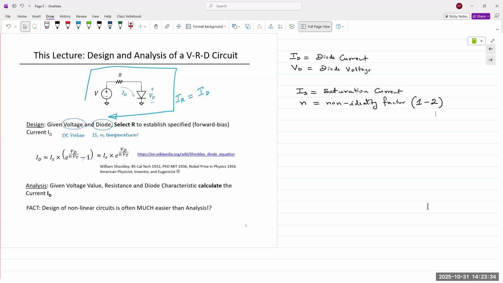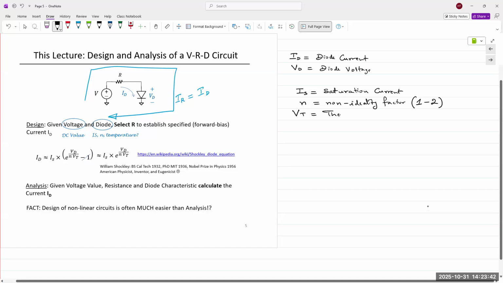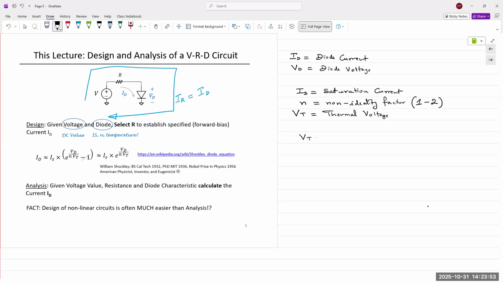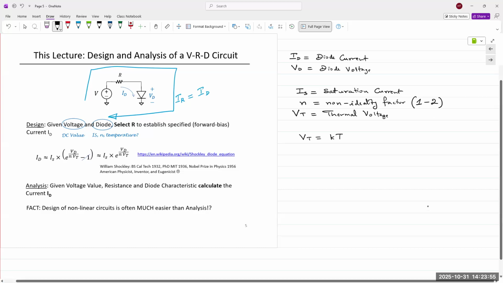All right. And then lastly, we have VT. VT is the thermal voltage. Thermal voltage is further given by the equation kT over Q, where T is the temperature in Kelvin.